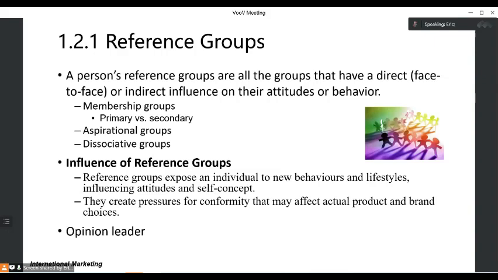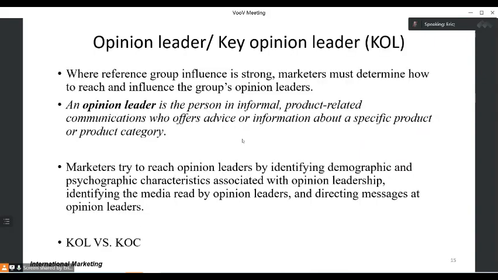And about this reference group, there are some important people in the reference group. They are powerful and have more information.